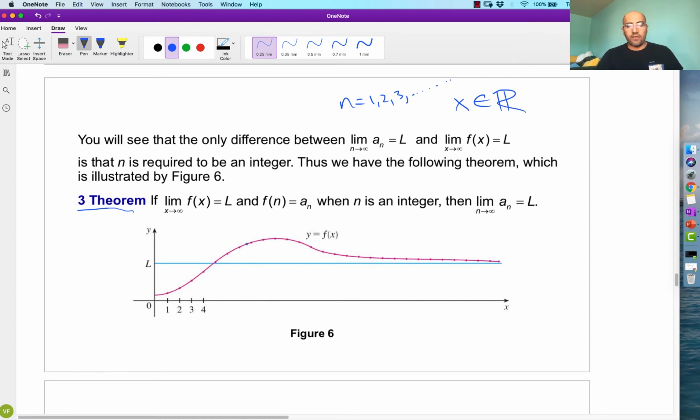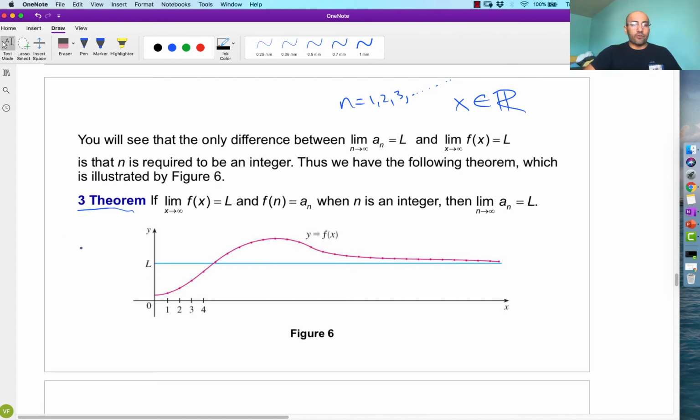So if the continuous red line is converging to the blue, then that means that the individual dots, if we strip away the continuous line and just look at the dots, are also going to be converging to the same place. That's what this is telling us.